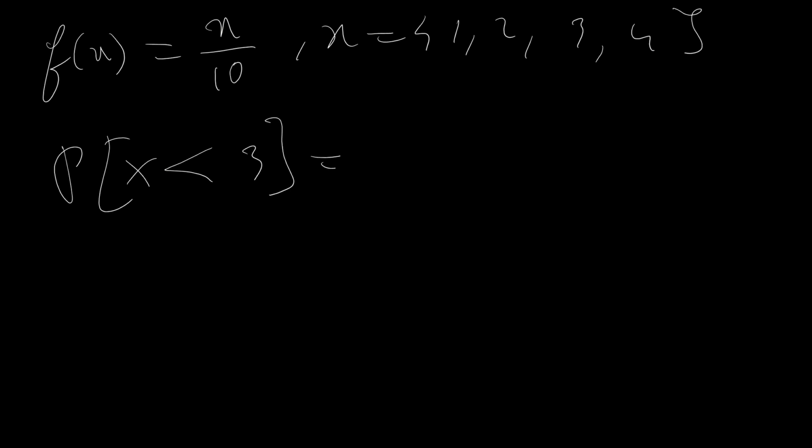So the probability of x less than 3 is basically the sum of f of x for x less than 3, right?